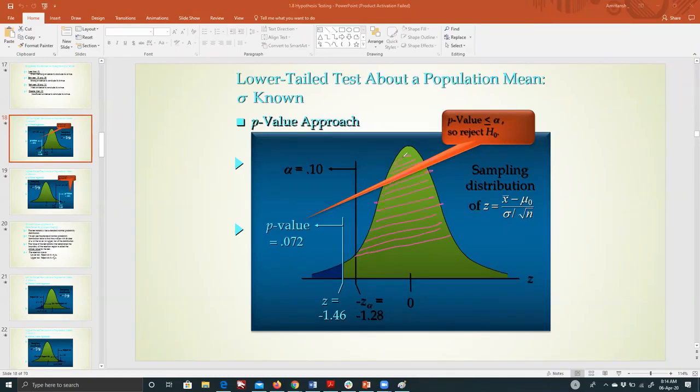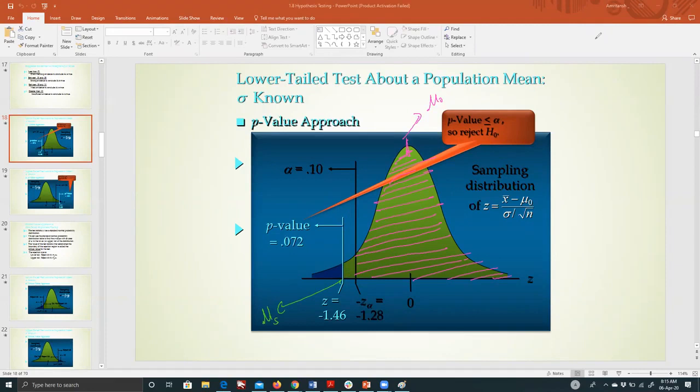Let's say this is how your question is defined. Anything bigger is okay, but you cannot go lower than this. This is your assumption mu naught. But based on the sample, this is the mu s, or new mean. So would you accept the null hypothesis or reject the null hypothesis?